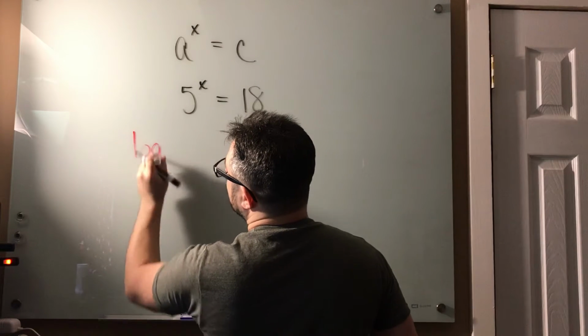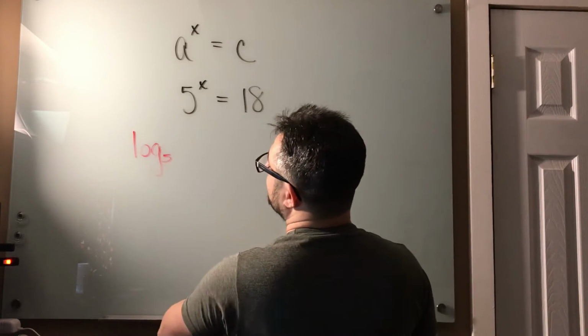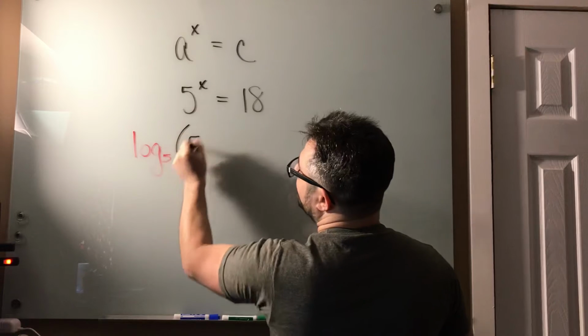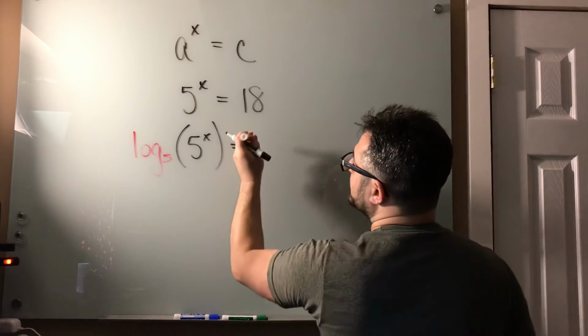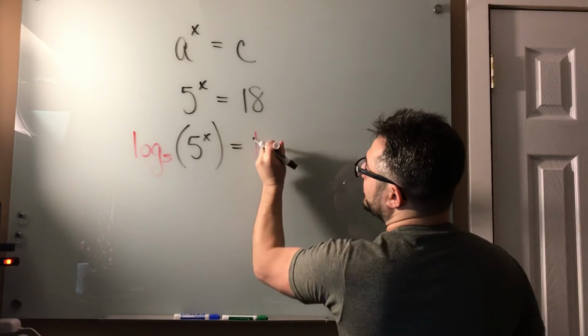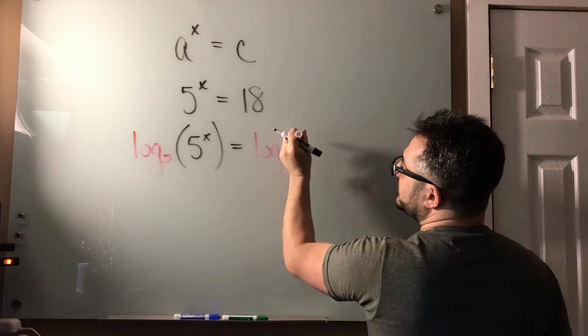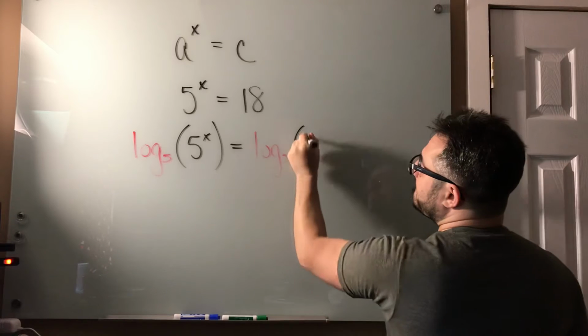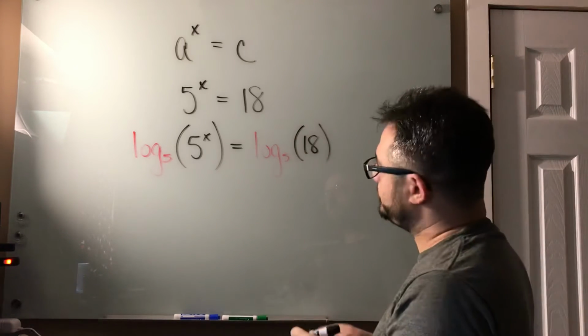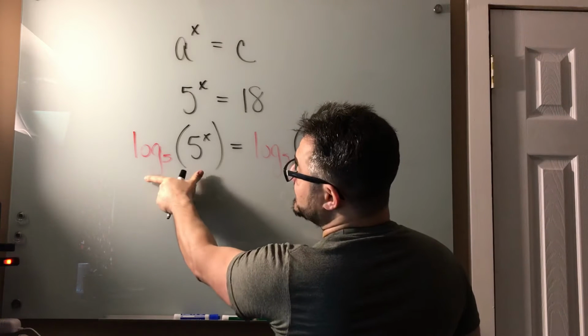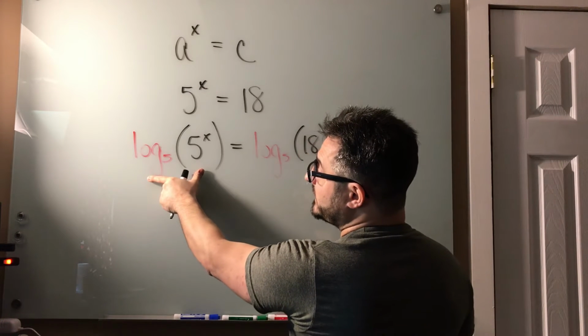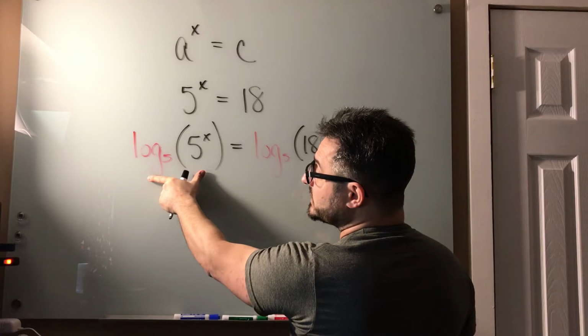So we would do logarithm base 5 of 5 to the x. And on the other side, we would do again logarithm base 5 of the 18. What happens on this side then is exactly the logarithmic and exponential inverse property that we just saw.